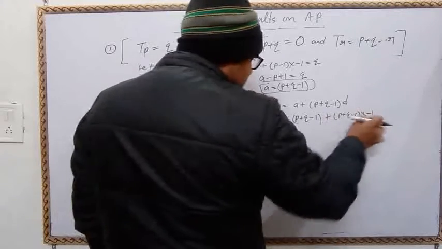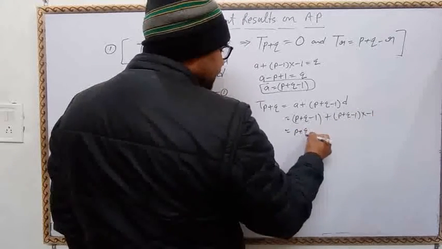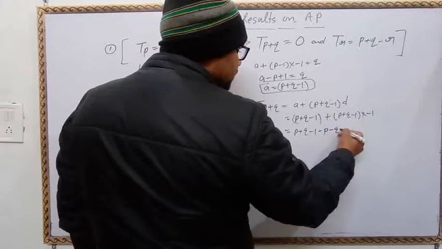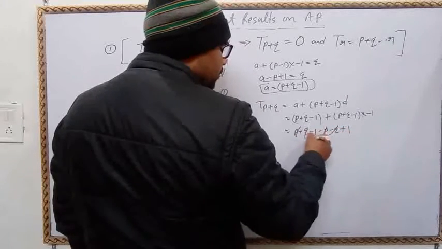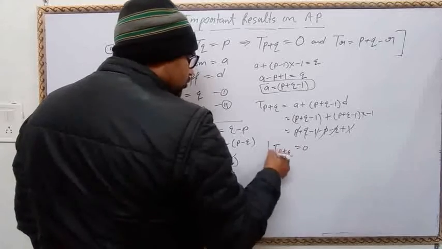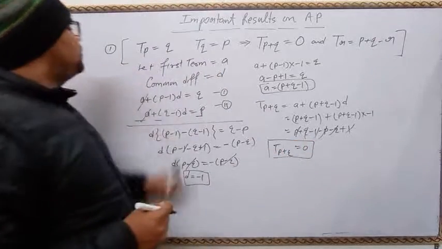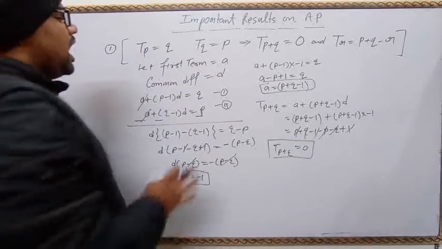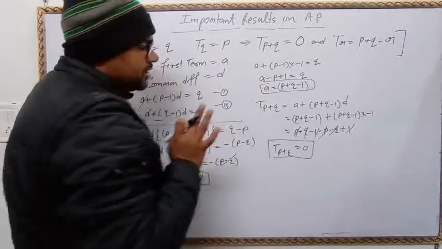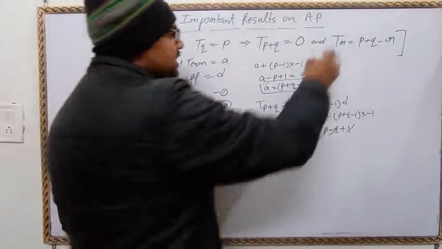So P plus Q minus 1, we will open the bracket, minus P minus Q plus 1, P and Q cancel, 1 and 1 cancel, 0. So always remember, if the P-th term is Q and the Q-th term is P, then definitely T(P+Q) will be 0.